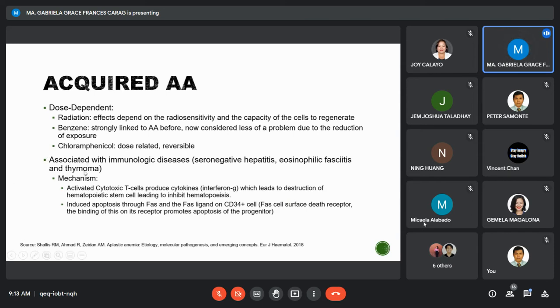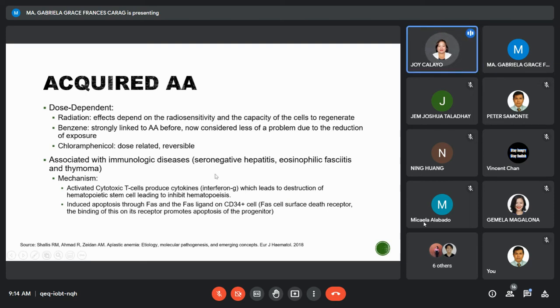Sorry. Since it is cancer, there would be an abnormal reproduction of the T cells, so thus it causes the trigger of the immune system.